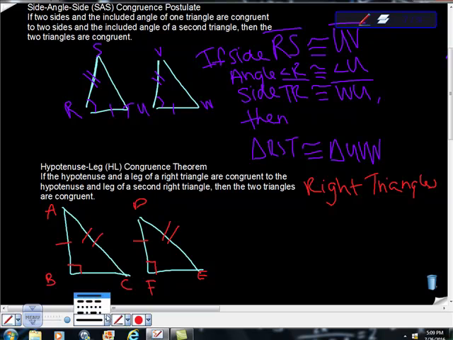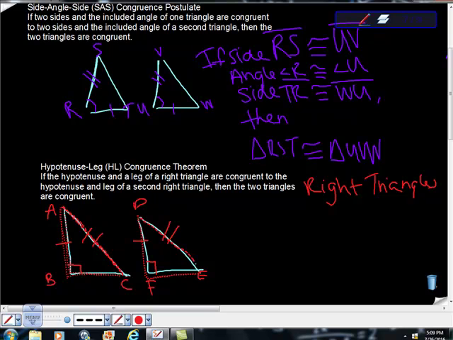So let's just quickly go over what a hypotenuse is and what a leg is. The legs of a right triangle are these two sides here. And then your hypotenuse is the side opposite the right angle.